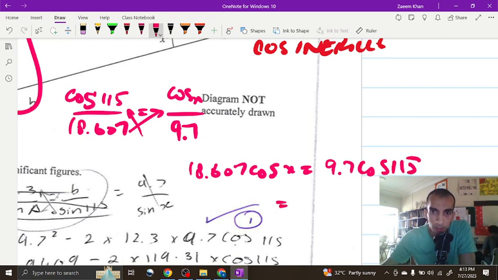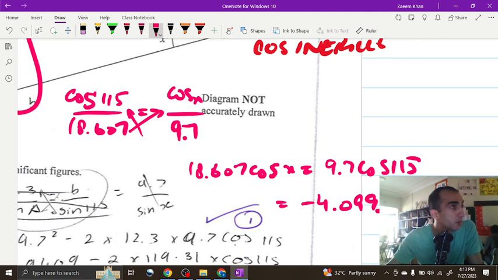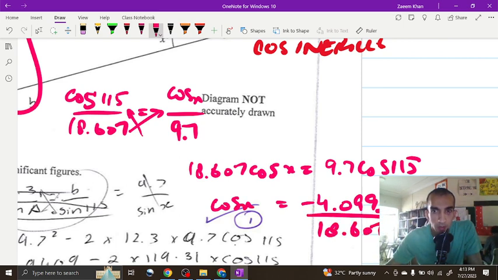Perfect. 9.7 sine of 115 would give us how much? That's a negative number, negative 4.0993. Confirmation on b? I'm getting 18.6. Sine of x is equal to this value over 18.607.